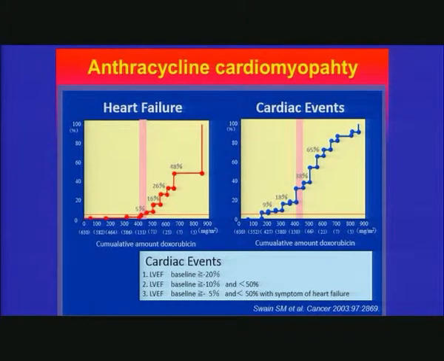So look at this, 400 milligram per square meter is a critical point of the cumulative dose of anthracycline. After that, it increases dose dependently. And cardiac events are observed, and a decrease in the ejection fraction starts a little bit earlier. So we have to check the ejection fraction to predict heart failure in cancer patients.